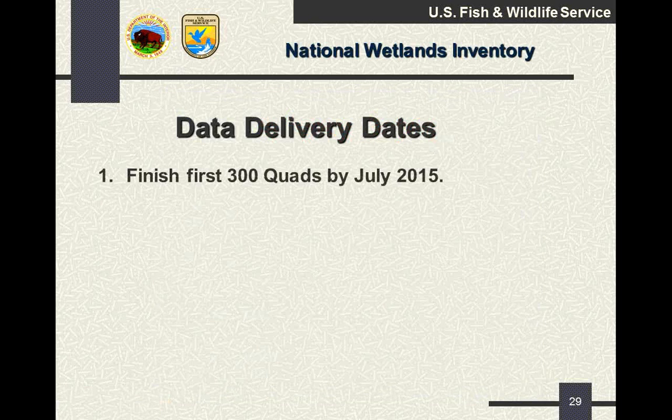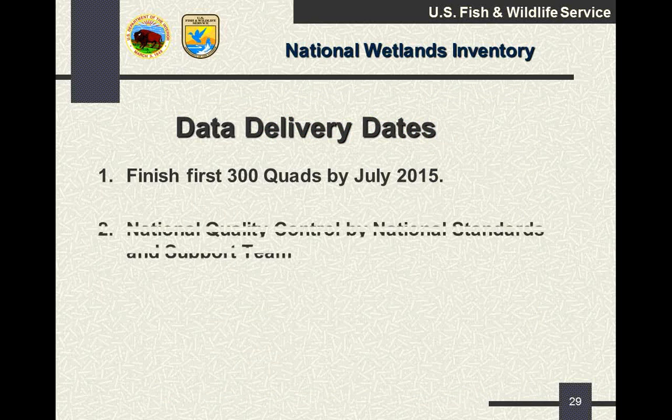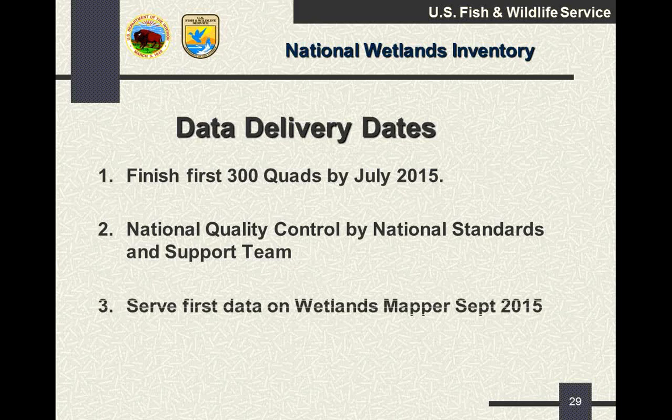For delivery dates, we're going to finish the first 300 quads by July 15th. They will then go to our National Quality Control Office, our National Standards and Support Team, to conduct national quality control, and they will be served up on the wetland mapper by the end of the fiscal year, September 2015.